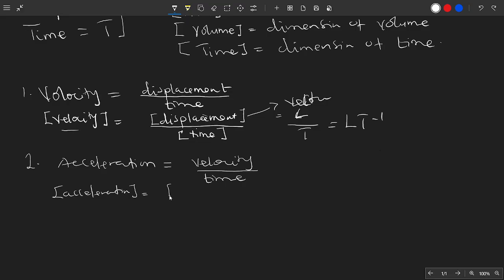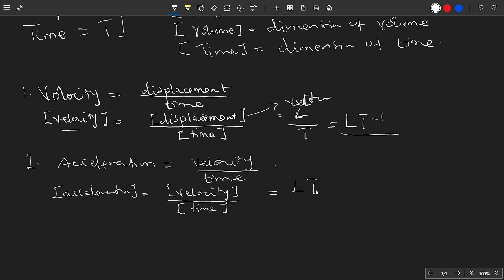So the dimension of acceleration is equal to the dimension of velocity divided by the dimension of time. Now, what is the dimension of velocity? As we did in the first one, it is given by LT negative 1.